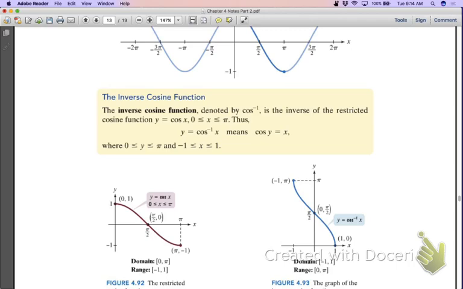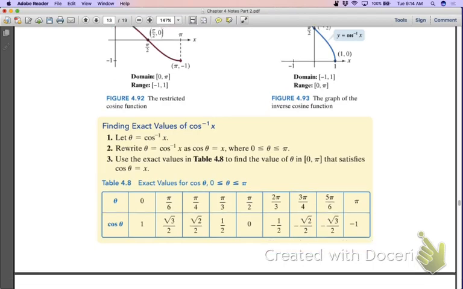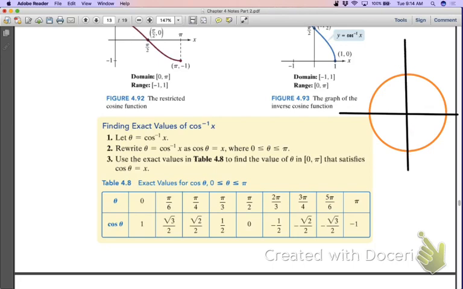So what that means is, in terms of these values, I'm just looking at the top side of my circle. So if I think about my unit circle here, I'm not worried about this bottom half. I'm only worried about the top half.